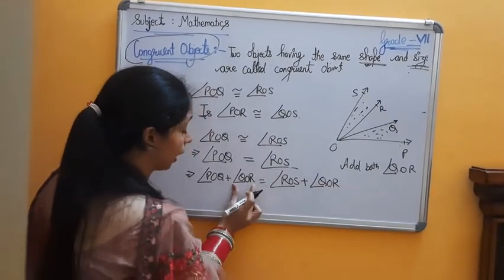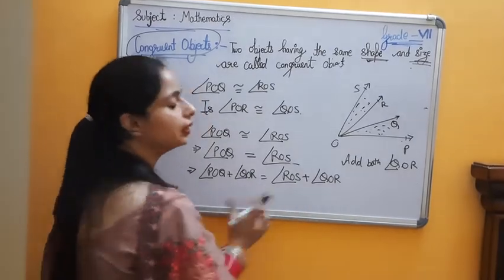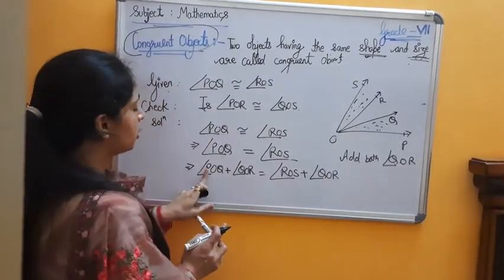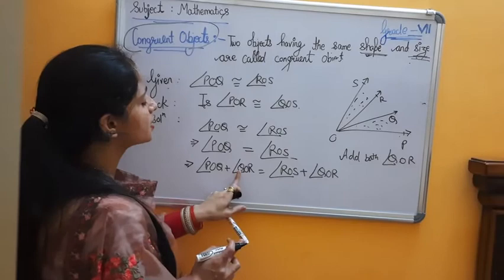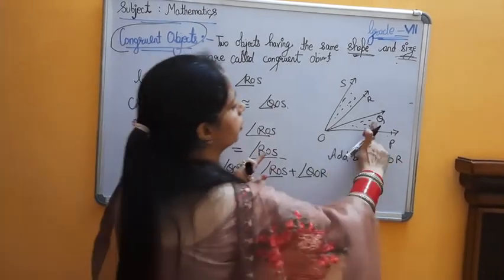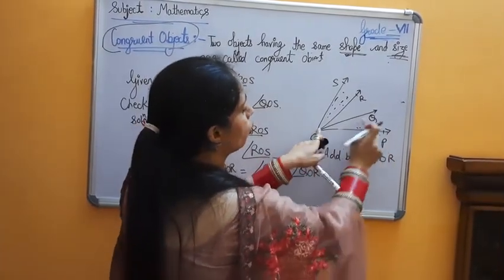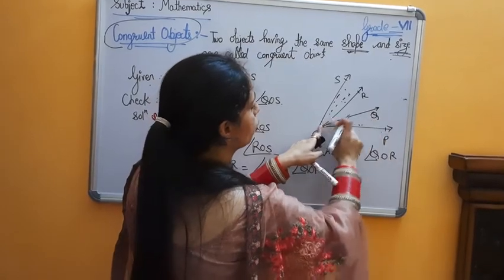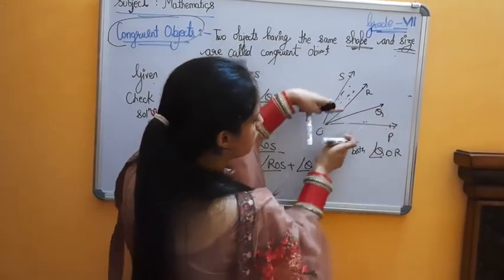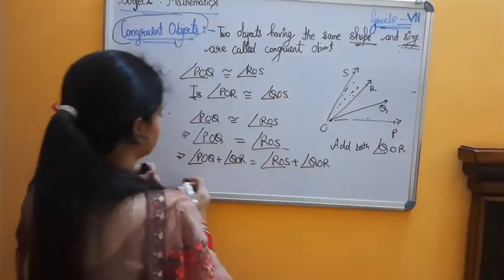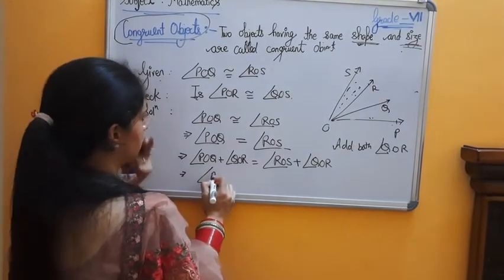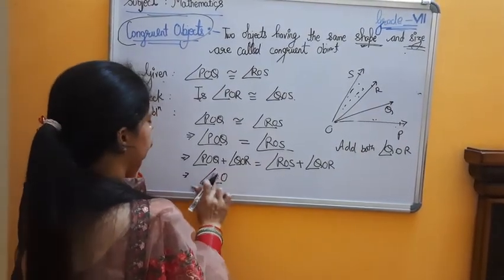I am adding the same angle on both sides. Now see, POQ plus QOR means this full angle, which angle? Angle POR.